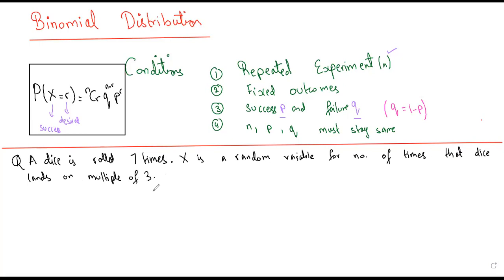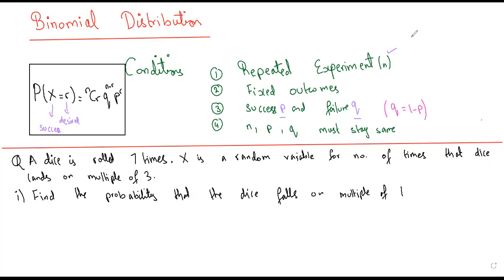Let me write down the question first, then I'll explain it to you. Do not worry. The first part says find the probability that the dice falls on a multiple of 3 exactly twice.